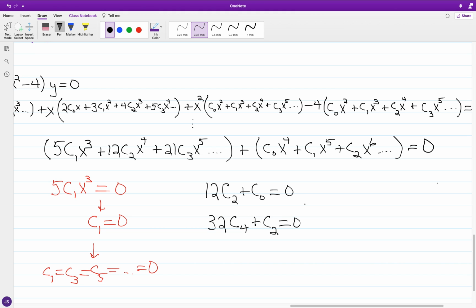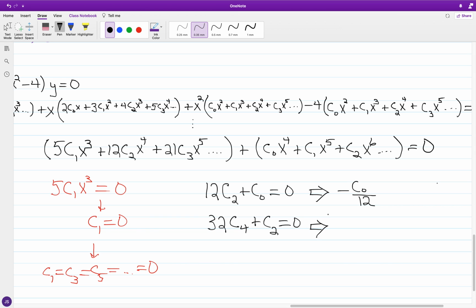Now expressing c of 2 in terms of c naught, you have negative c naught over 12.